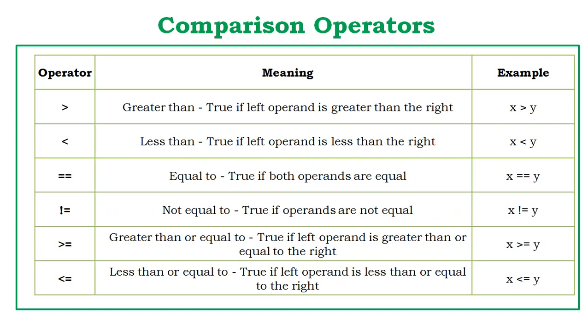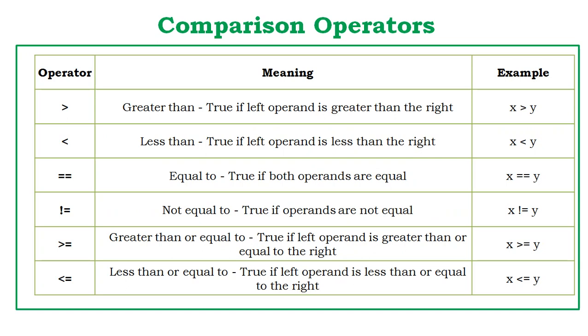First of all, what are comparison operators? If we have to compare two numbers for greater than, less than, equality or not equal to, greater than equal to or less than equal to, these are the comparison operators.